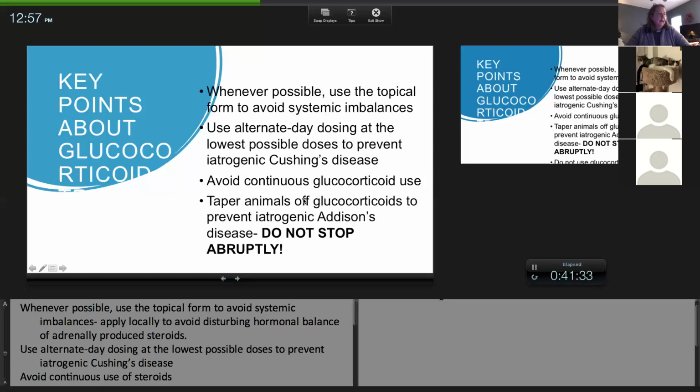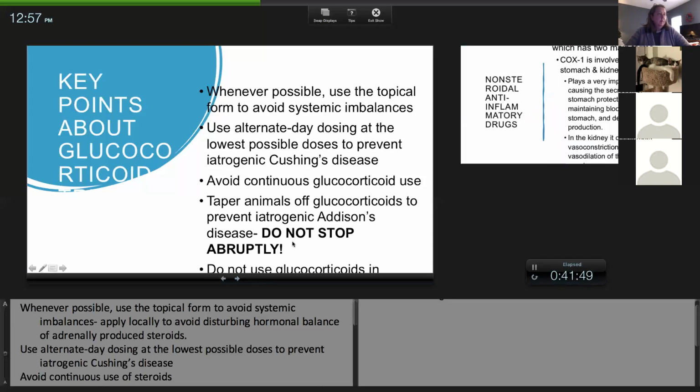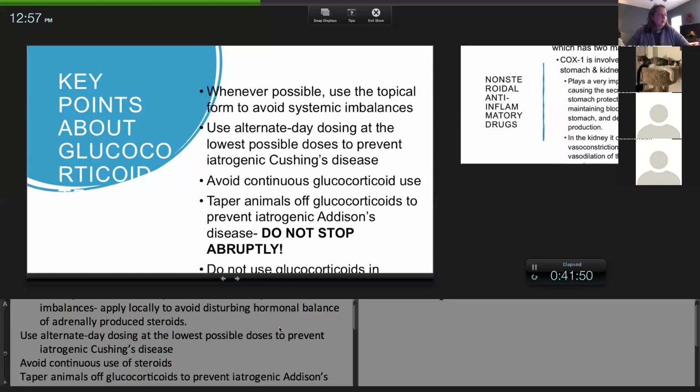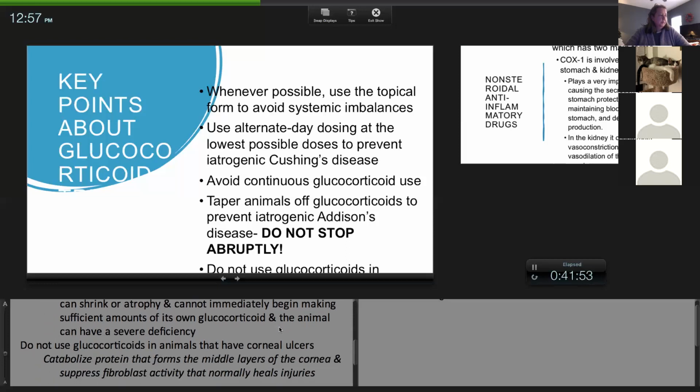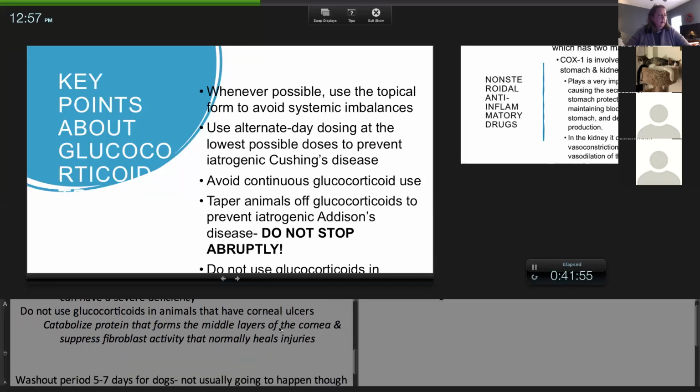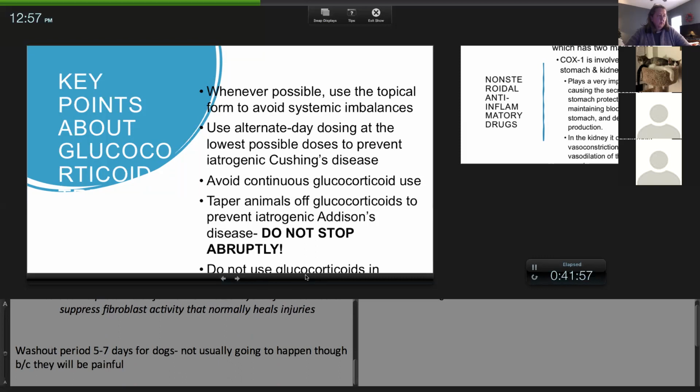And to prevent iatrogenic Addison's disease, that's what we worry about, we don't just stop giving these, we don't discontinue them abruptly. We also worry that if they have corneal ulcers, not using them can make those worse.